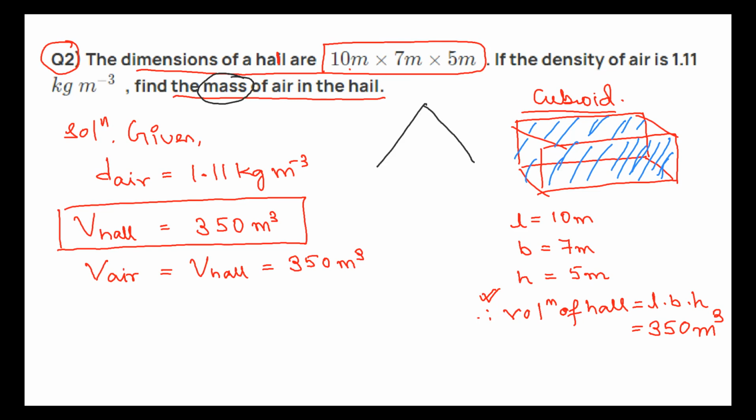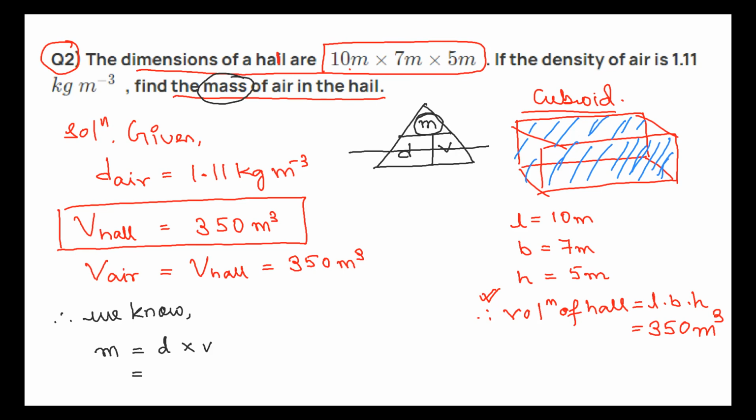If you remember, it's good. Density is equals to mass by volume. So if you want to make mass the subject, it will become density into volume. Therefore, mass is equals to density into volume.